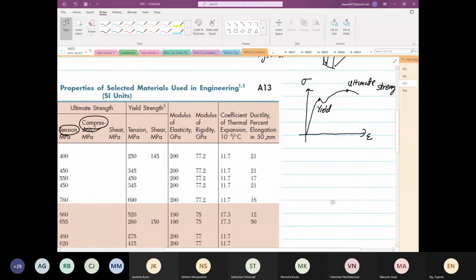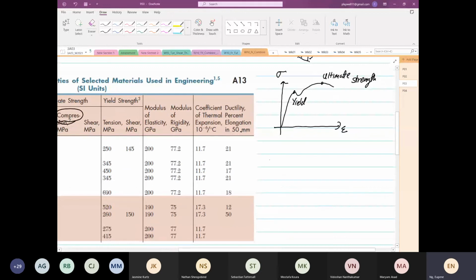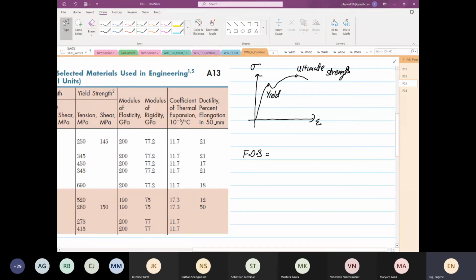Now, in the textbook, the factor of safety is equal to, this is allowable, divided by UTS. Okay, let's not go to US, let's go with ultimate tensile strength.